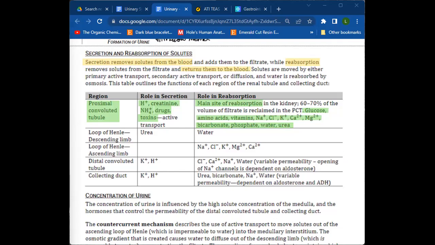Okay, now let's take a look at the loop of Henle. We need to know that the descending loop of Henle puts water back into the blood, and it takes urea out of the blood and puts it in the urine.